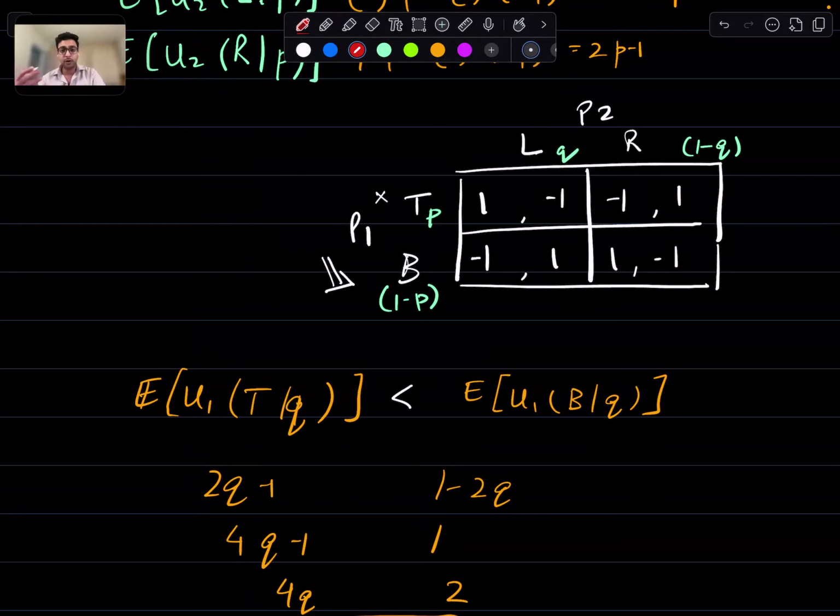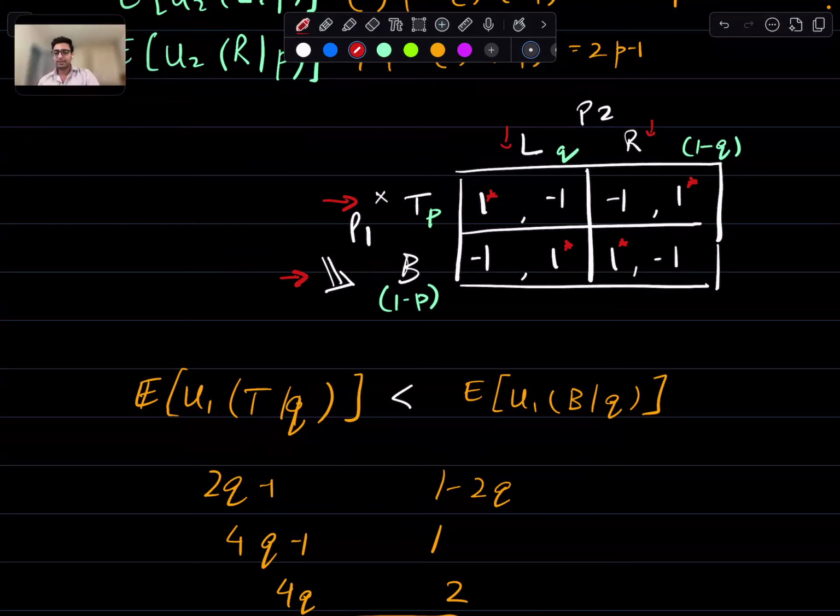Because if there was one, you would have found it as a mixed strategy Nash equilibrium. Right? And we can verify this. If player 2 chooses L, player 1's best response is T. Player 2 chooses R, player 1's best response is B. Player 1 chooses T, player 2's best response is R. Player 1 chooses B, player 2's best response is L.